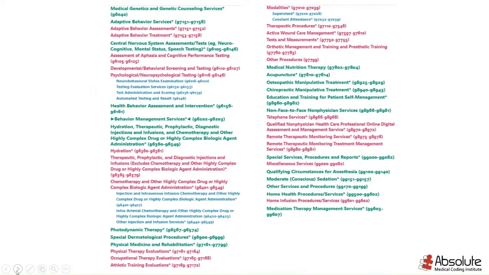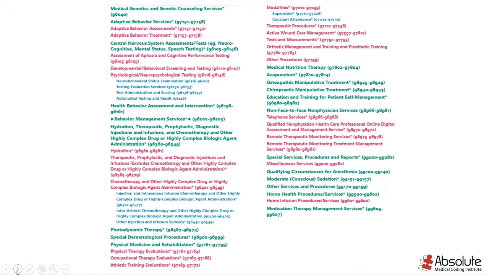We also have medical genetics and genetic counseling services, adaptive behavior services, central nervous system assessment or test, cognitive, mental status, speech testing, etc. We have health behavior assessment and intervention, behavioral management services, hydration, therapeutic, prophylactic, diagnostic injections and infusions, and chemotherapy, and other highly complex drugs or highly complex biologic agent administration.